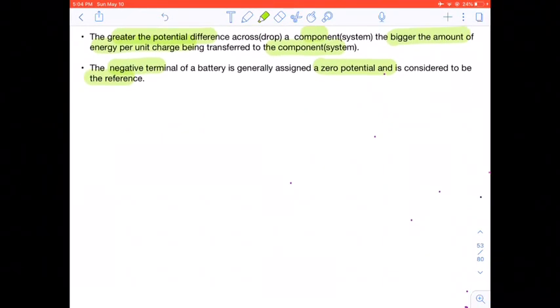Right, now let's try and decode some of that. So let's say we have a cell, and let's say we have a 12 volt battery or a cell.